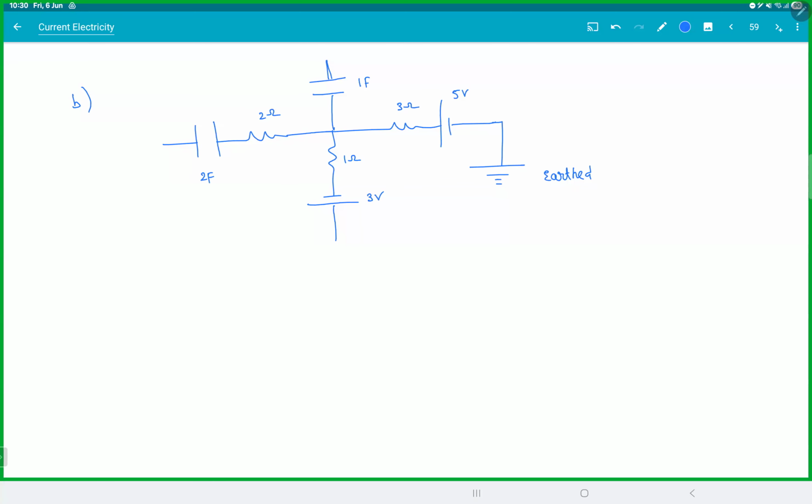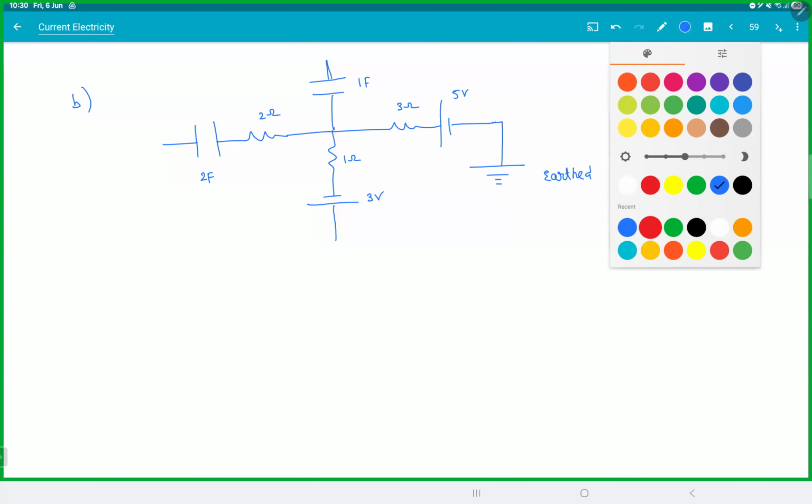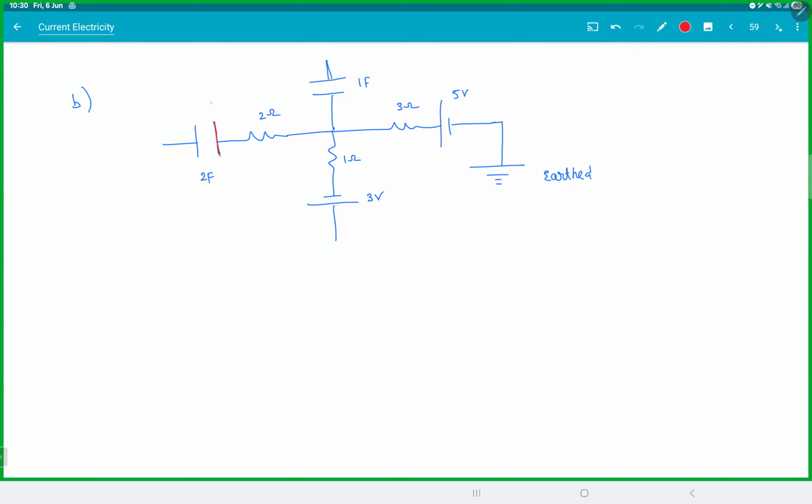Let's make it 3 ohms. This is the positive plate where charge Q1 is equal to t squared. This is the positive plate where this charge Q2 is equal to 2t. This is point A, this is point B, this is point C, and this is point D. Find the potential at A, B, C, D when t is equal to 2 seconds.